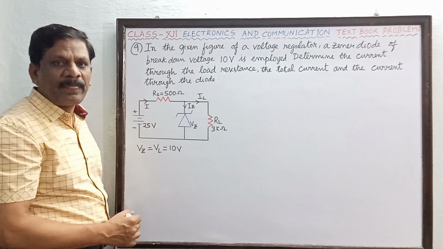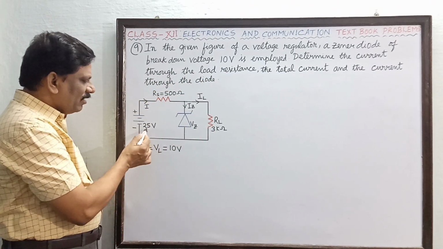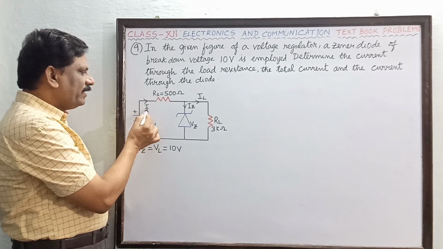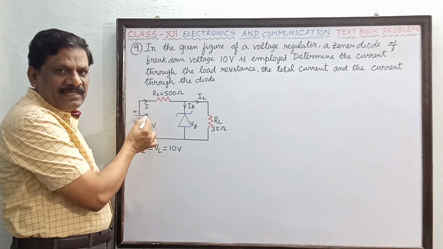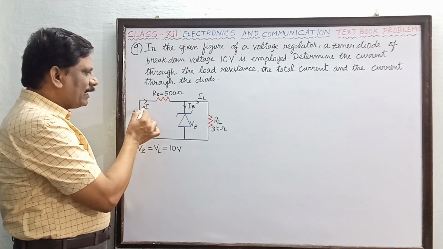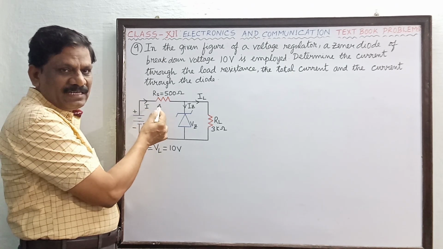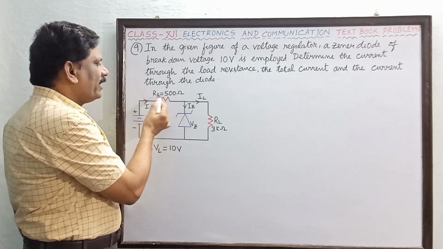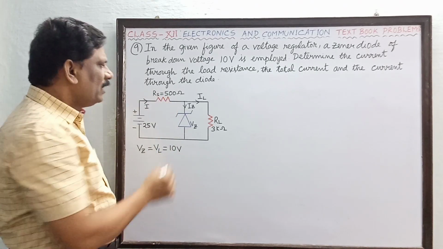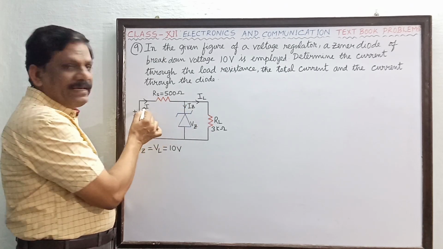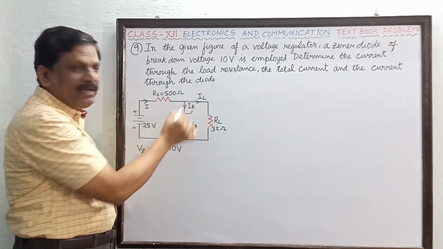You can see here, the battery of 25 volt is sending a main current. The main current in the circuit is I ampere. So I ampere current is flowing through this source resistance or the drain resistance, input resistance, Rs is equal to 500 ohm. Then at this junction, this I ampere current is dividing in how many paths?